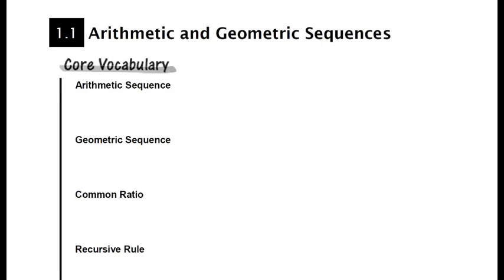All right, this is Algebraic Reasoning, Chapter 1, Section 1, Arithmetic and Geometric Sequences. In the core vocabulary that we're going to be talking about today, we're always going to start these off with the vocabulary for the day.